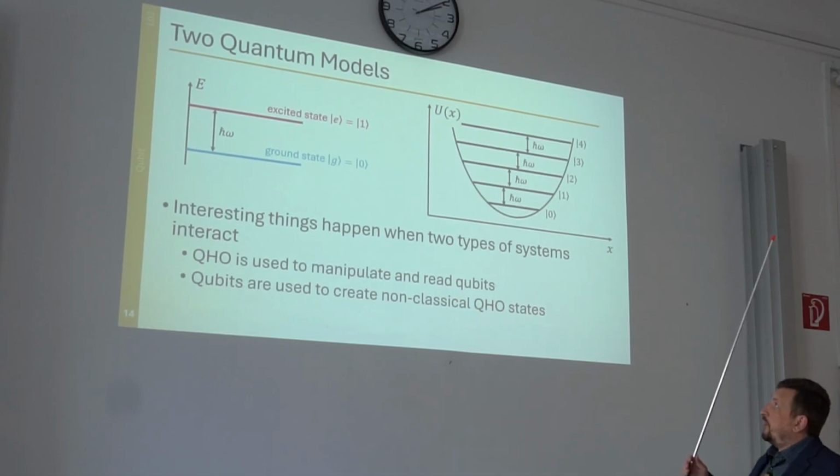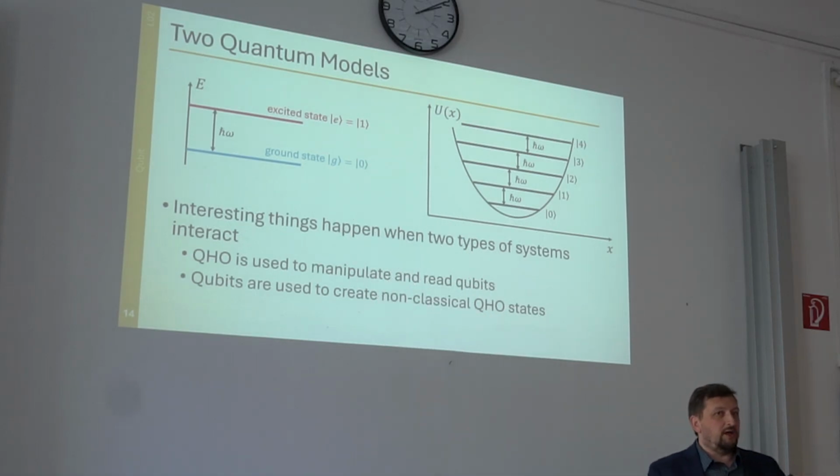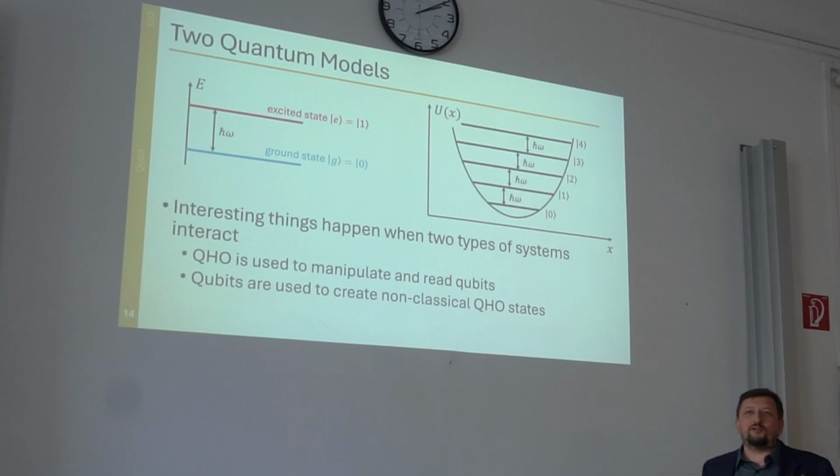So we use qubits to encode information, but to manipulate them, on the backend, we need to use a quantum harmonic oscillator. When I say we need to use a quantum harmonic oscillator, what in reality we do is use an electromagnetic field. We have a qubit, we send an electromagnetic wave on it, and this electromagnetic wave does something with the qubit.